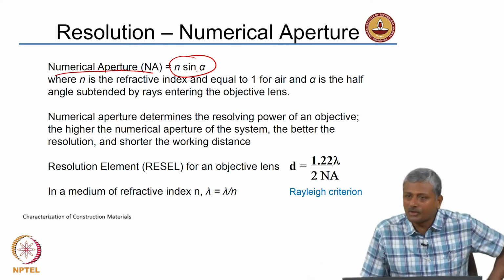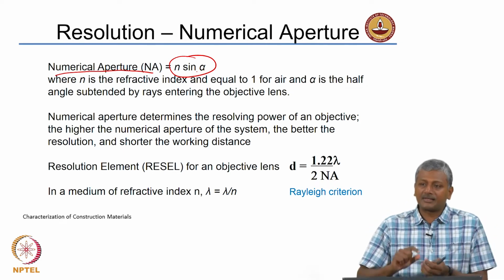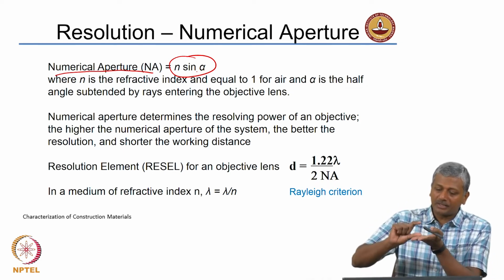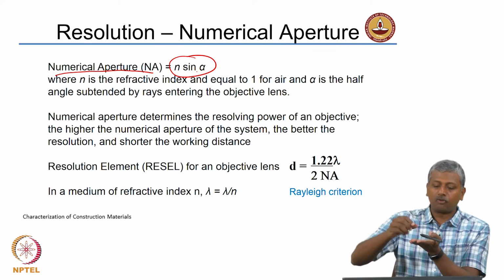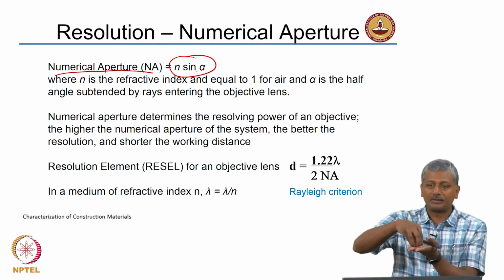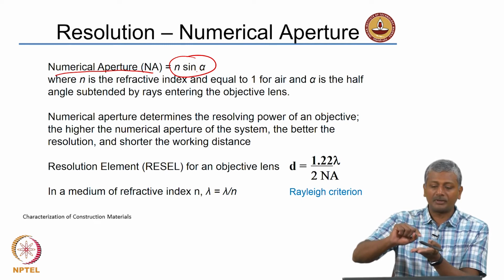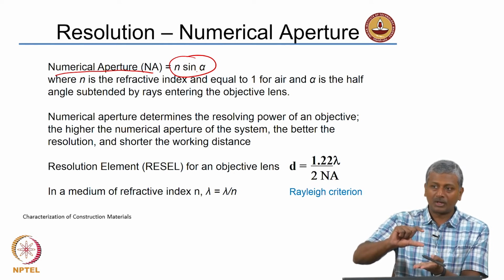Now, what is this concept called working distance? It is nothing but the distance between the object and the objective lens. Working distance is the distance between object and objective lens. So, on your microscope platform, you keep your specimen or the object and you have your objective lens on top here, this distance is called the working distance. So, if you lower the platform, what will happen?